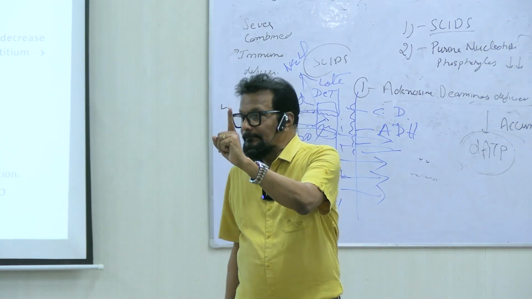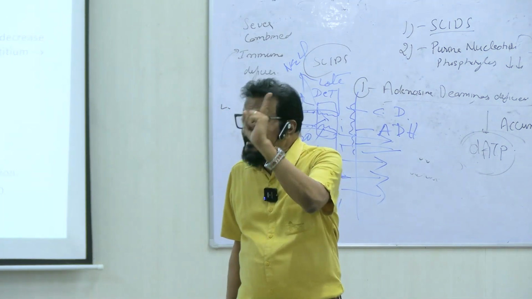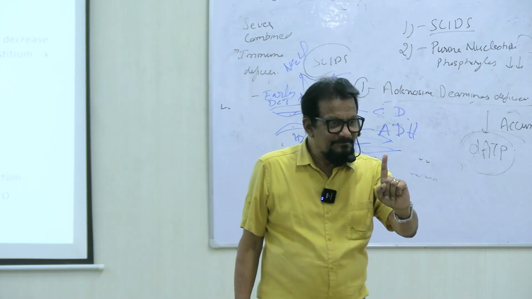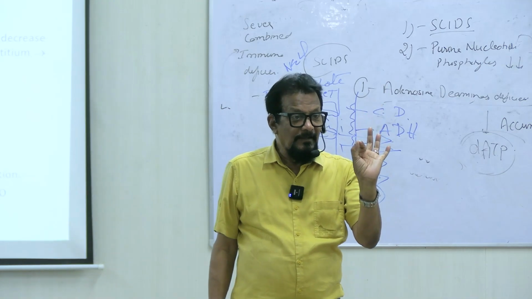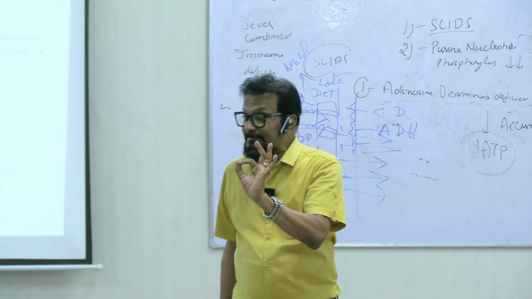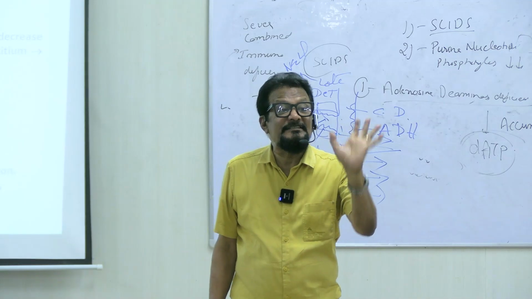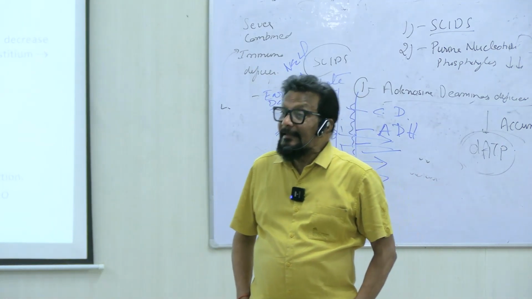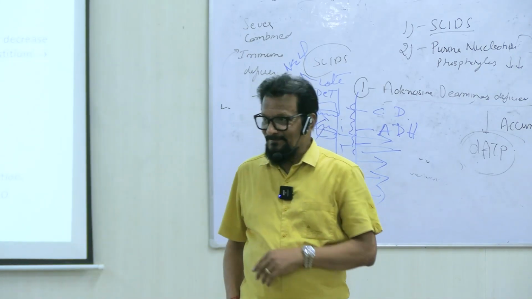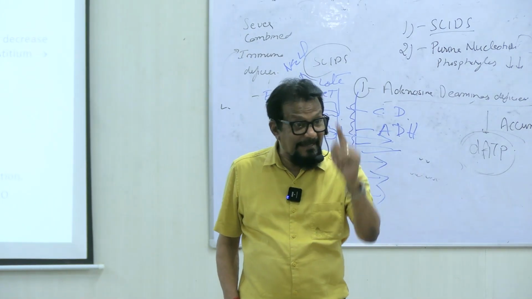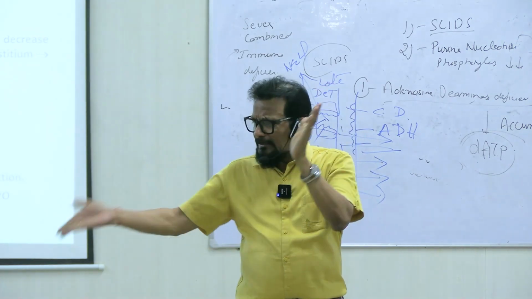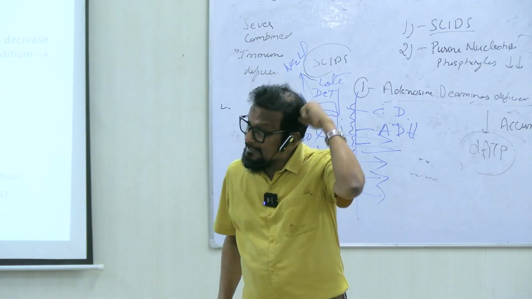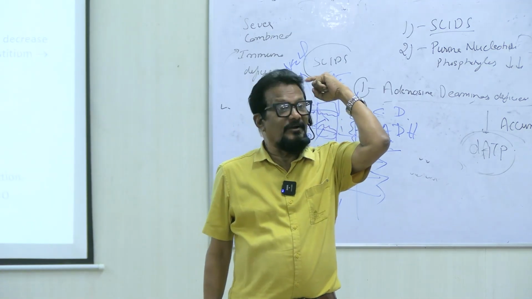So they inhibit the hypothalamus, and it does not synthesize ADH. ADH is secreted from the posterior pituitary, but synthesized in the hypothalamus. The posterior pituitary only releases it. Stimulation has to come to the hypothalamus for release.